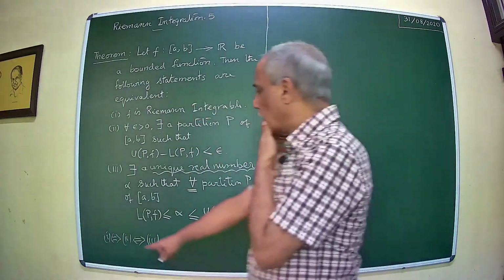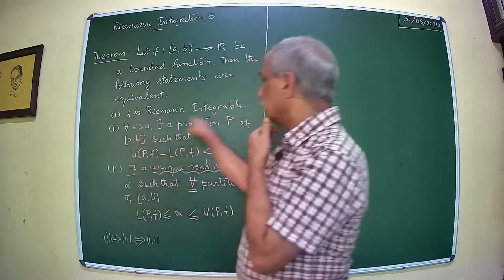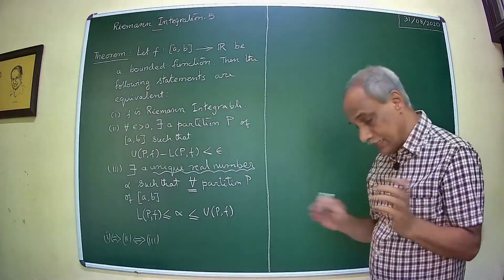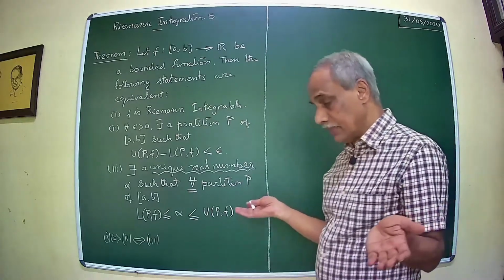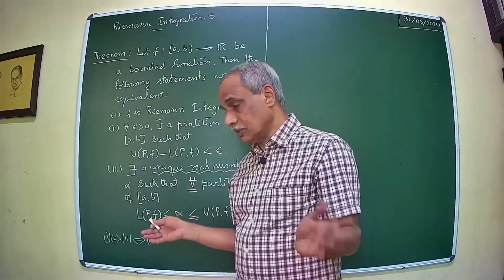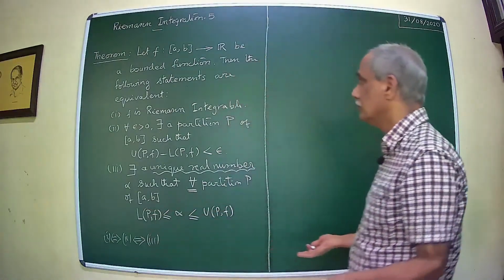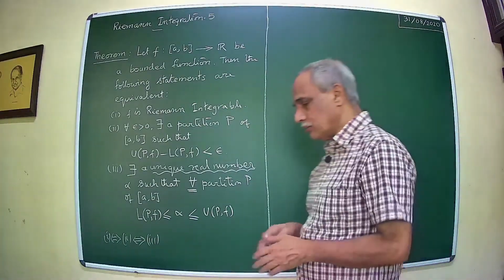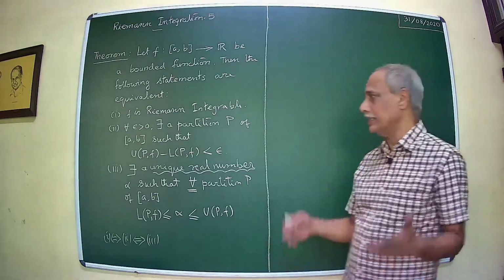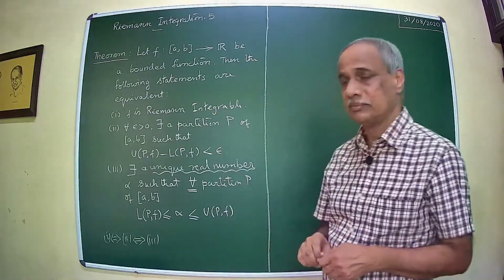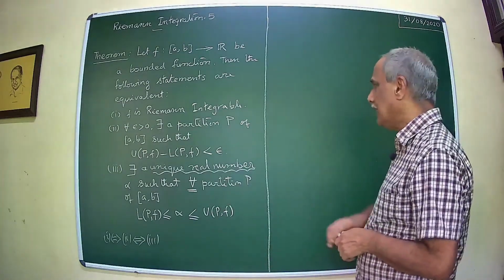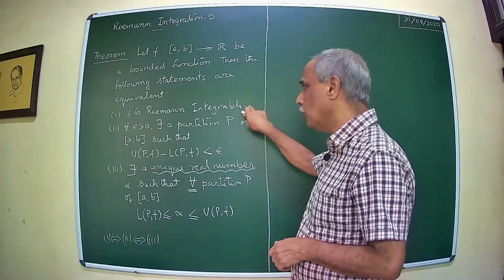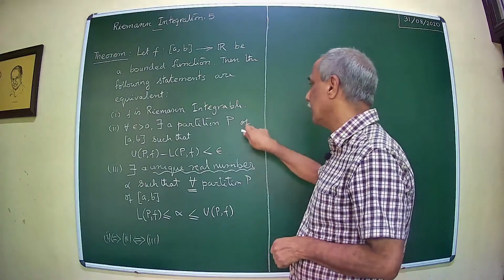And the first one is the definition of the Riemann integration, which says that you have the upper integral and lower integral existing, and the question is whether they are equal. If they are equal, then you say f is Riemann integrable. So if you assume they are equal, then it is equivalent to this statement.